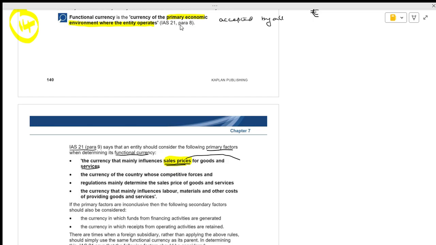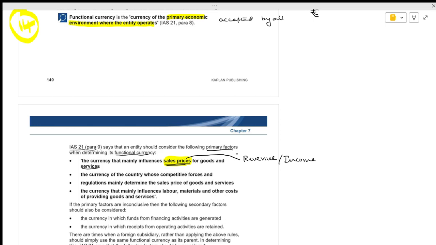Revenue is one of the important sources of the functioning of a firm, in terms of influence on sales price and services. Services mean income; revenue we can say in terms of income, in terms of sale.